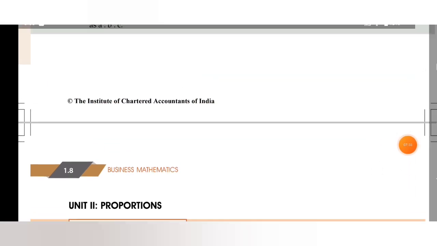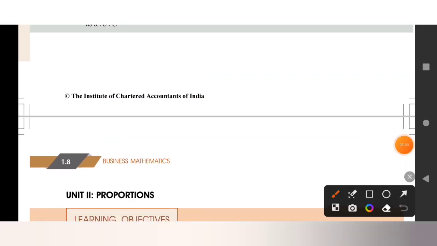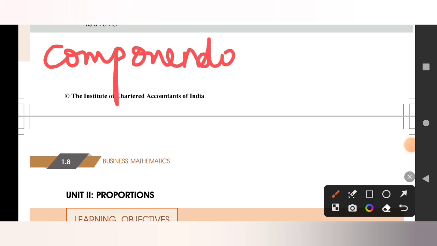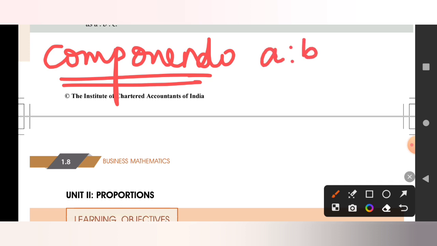So, in case of proportion, componendo, what does it mean? Here, A is to B is equal to C is to D, which is already given.